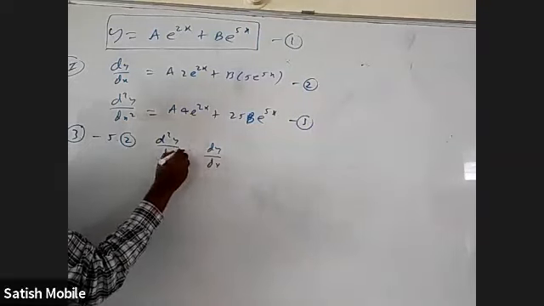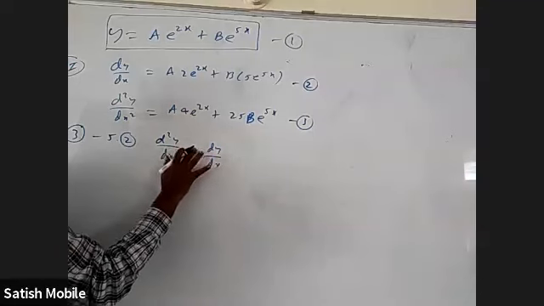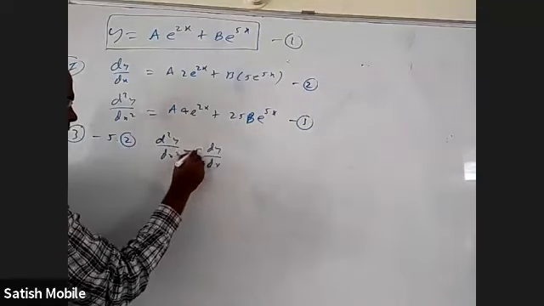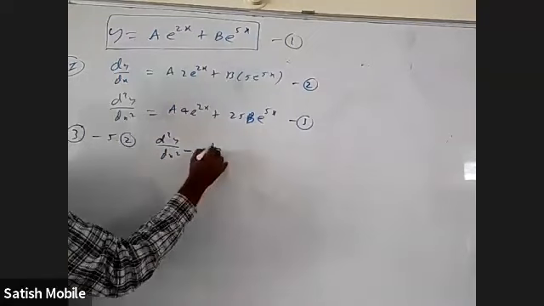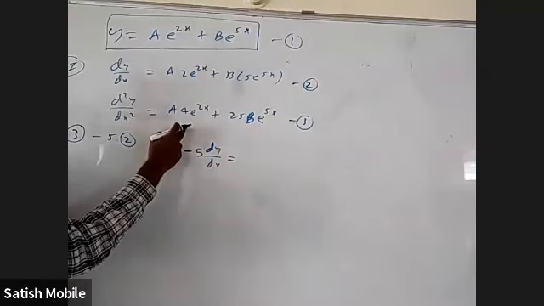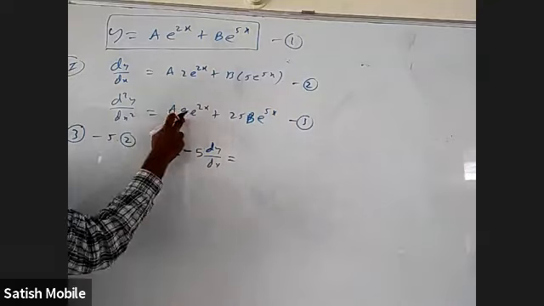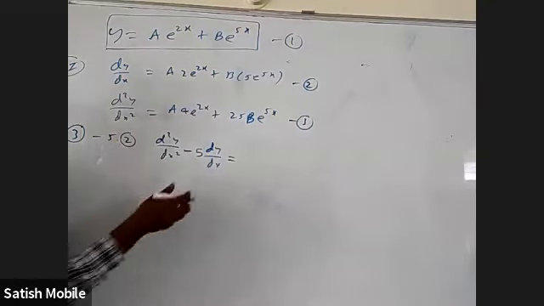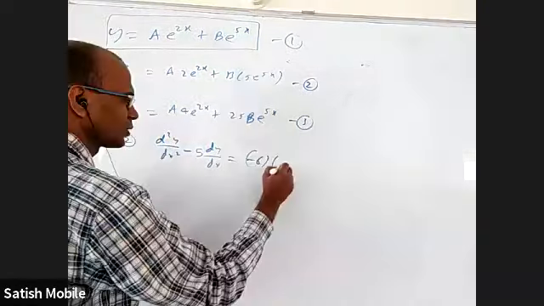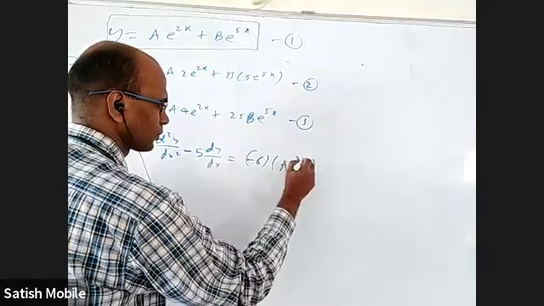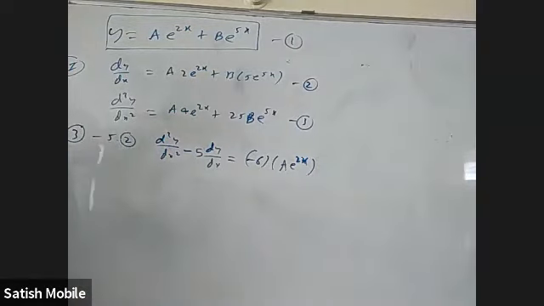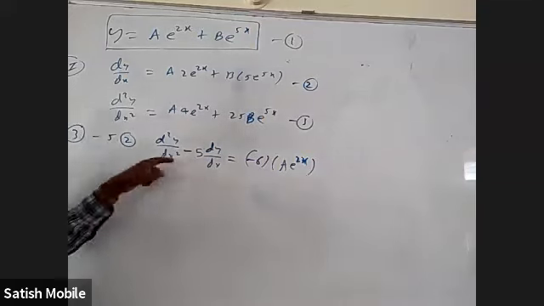I am going to discuss some easy methods, but purposely I am discussing this as the first method, which may be a little lengthy. And on the right side what I'll get, I'm multiplying this with 5 and subtracting: 4 minus 10 is minus 6. So I'll get minus 6 times a e power 2x. Right? Multiplying this with 5 and subtracting here this one.